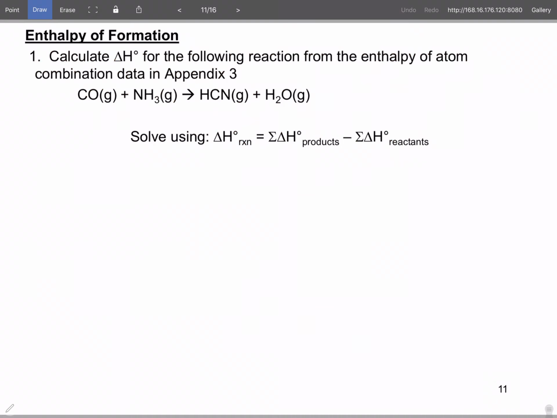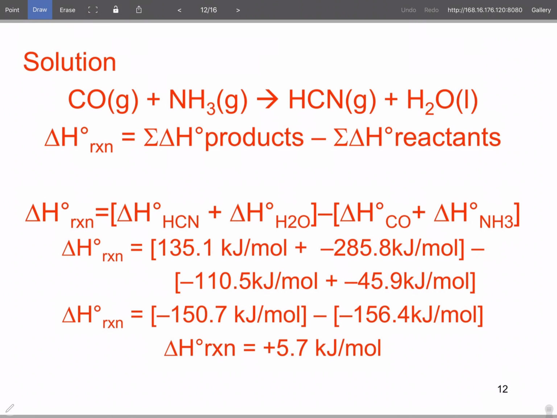If you use Appendix 3, we're going to solve this using this equation here. And so the solution comes out looking like this. It's products minus reactants. So we would look up the products. And again, you can label them at the top and then use them, or just put them in. It doesn't matter. Just make sure your products are grouped together and your reactants are grouped together, and your products come first.